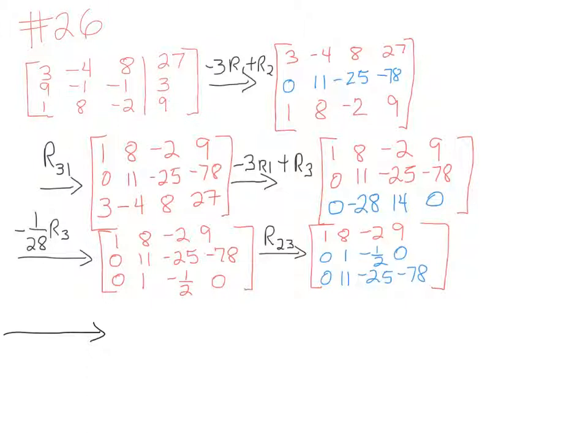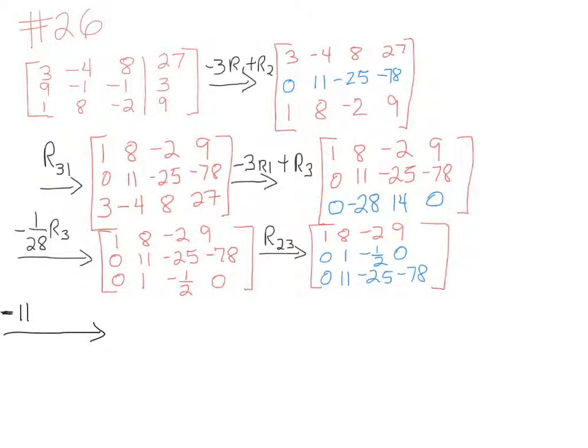So how can we do that? Something with the 11, yes. So what about the 11? 11 positive? Negative, because we want to get rid of that, so it's going to be the opposite.